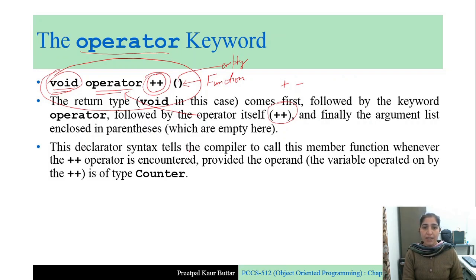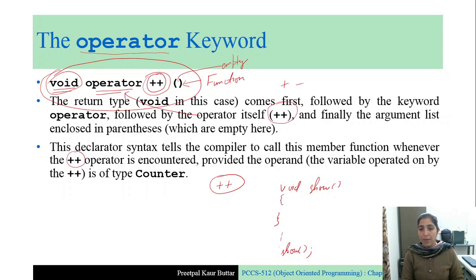This declarator syntax tells the compiler to call this member function whenever the operator plus plus is encountered. Whenever you are writing any operator plus plus, increment operator anywhere, then the compiler calls this operator. Okay, so suppose you have this show function, void show. Whenever you write show, then what happens?